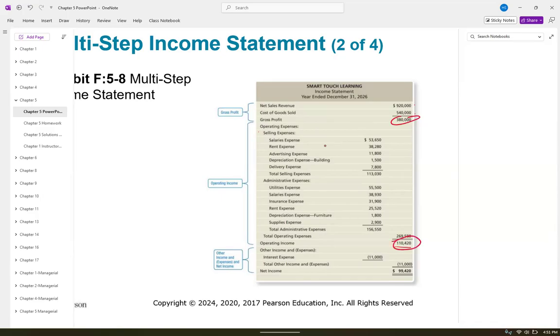We're going to separate out that other income. Interest expense and interest revenue would also be in this little category, because that kind of pulls that out and puts everybody on a level playing field, because some businesses might have had a lot more cash and earned a lot more interest revenue. Others might not have had a lot of cash and they had to borrow. So this number we can compare to other merchandisers.